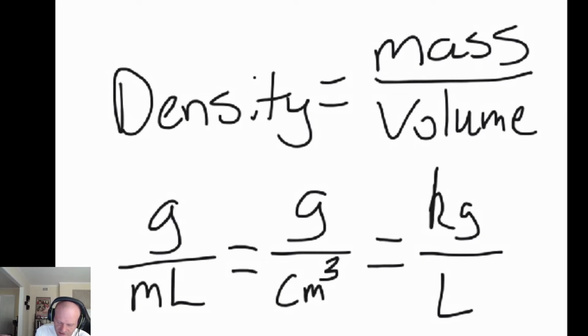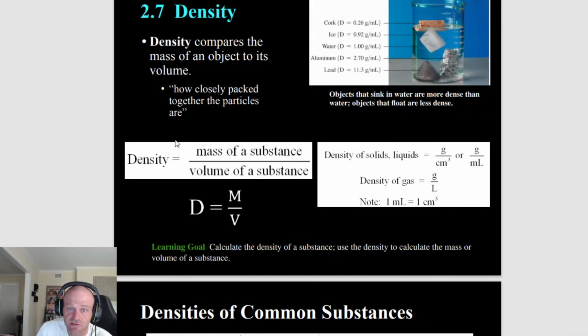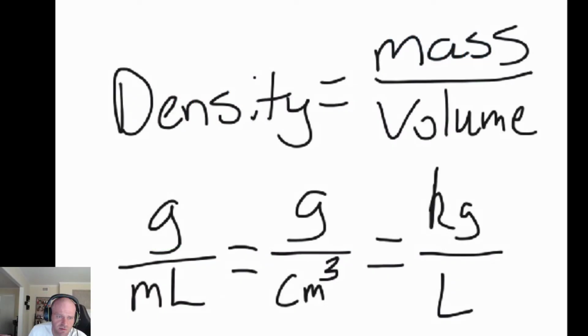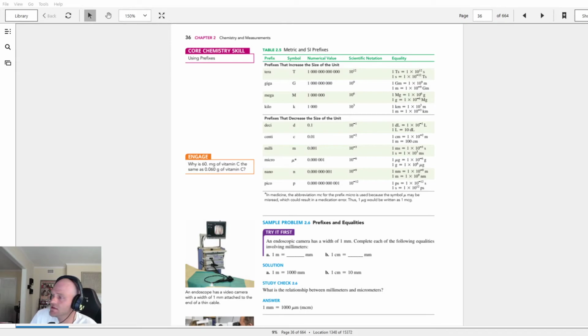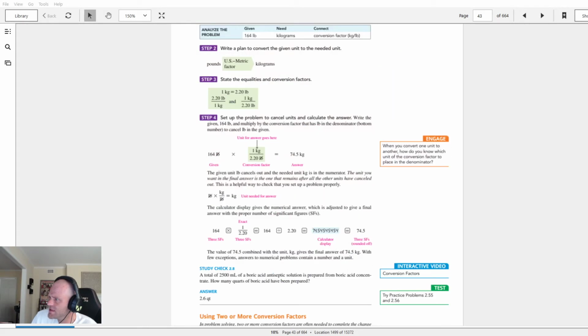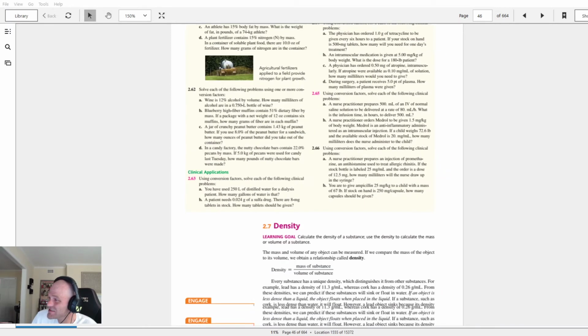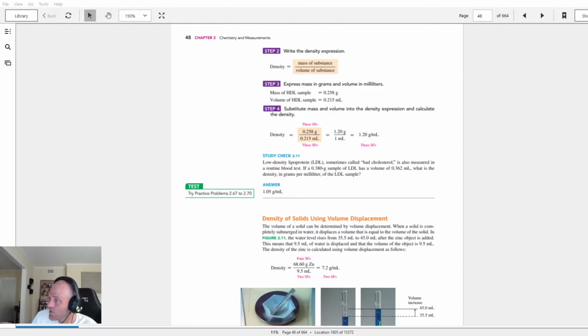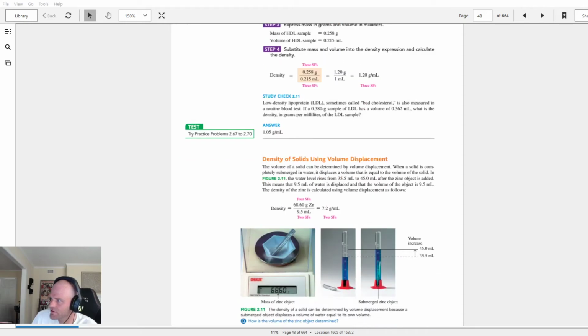Grams per milliliter is the same as grams per cubic centimeter and is the same as kilograms per liter. Now, one exception that you might have to pay attention to is that they express the density of gas in terms of grams per liter, I think.